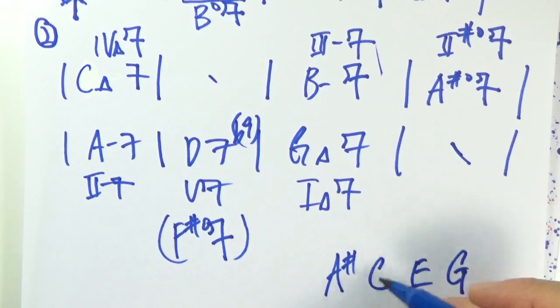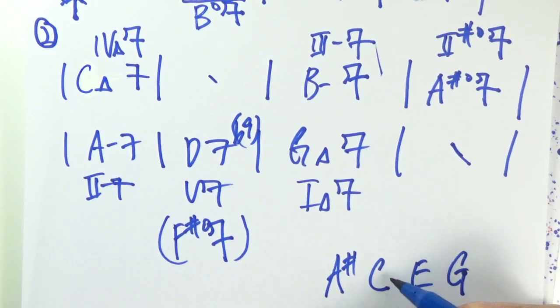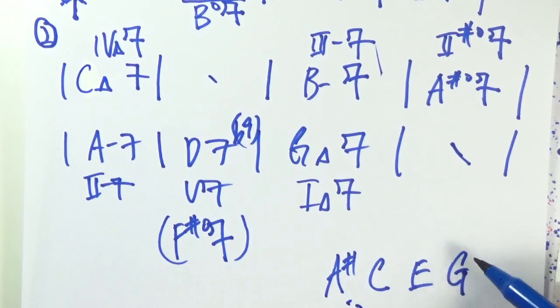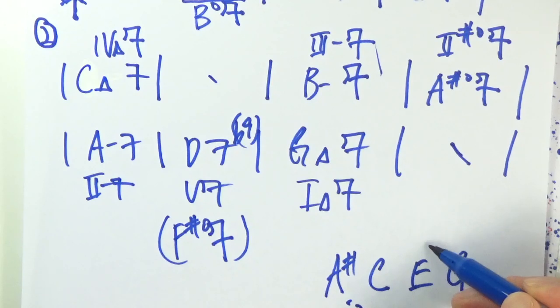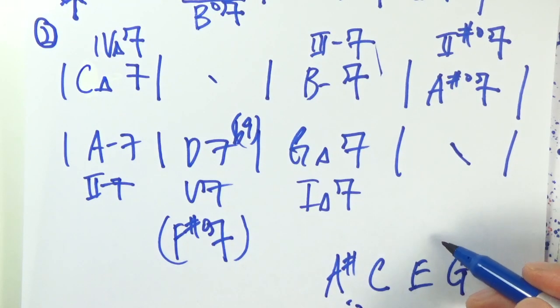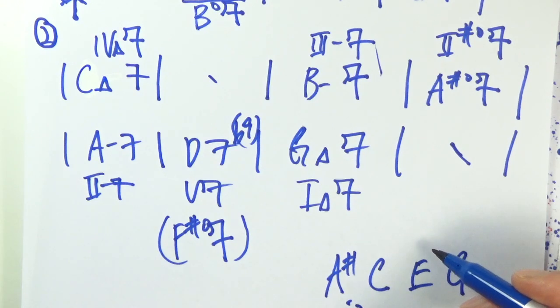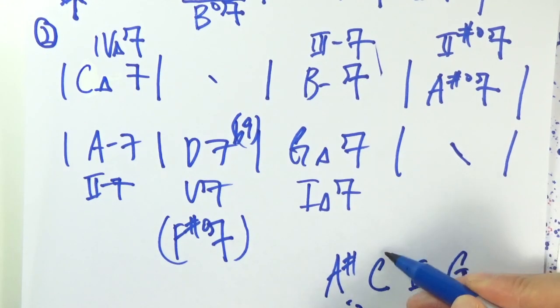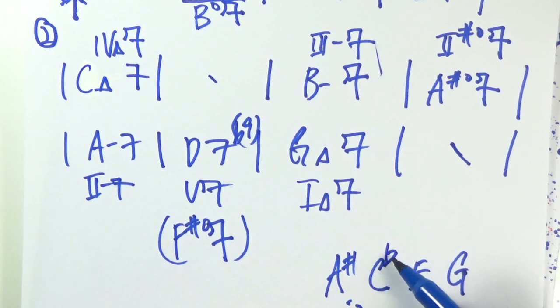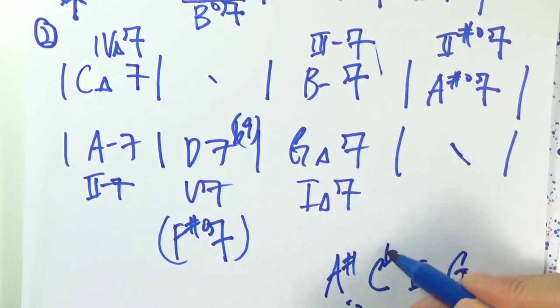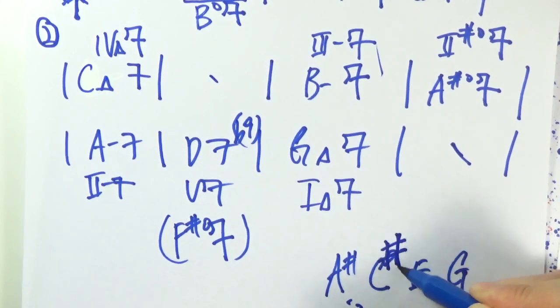So just a quick recap. There should be a minor 3rd apart. So A sharp, C sharp, minor 3rd. Sorry, something's wrong. So A sharp and C sharp.